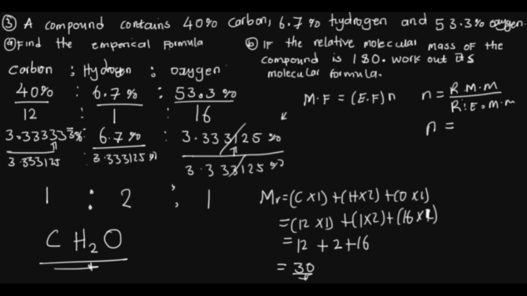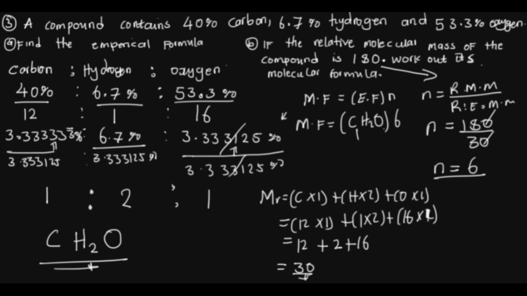So n is equal to, where there is the relative molecular mass, we substitute 180 over 30. So n is equal to 6. So molecular formula is equal to the empirical formula CH2O times 6.